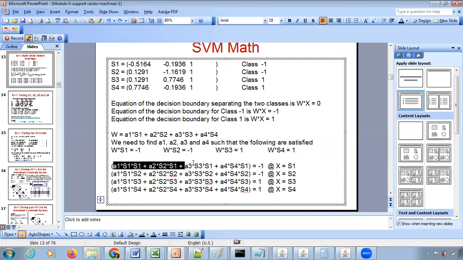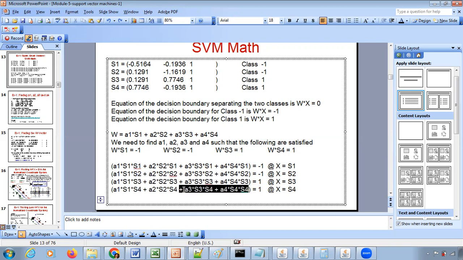If you notice, the first equation here associated with S1 is basically the dot product of S1 with each of the other support vectors. The second equation associated with S2 involves the dot products of S2 with each of the support vectors. Same thing with S3 involves the dot product of S3 with each of the other support vectors.